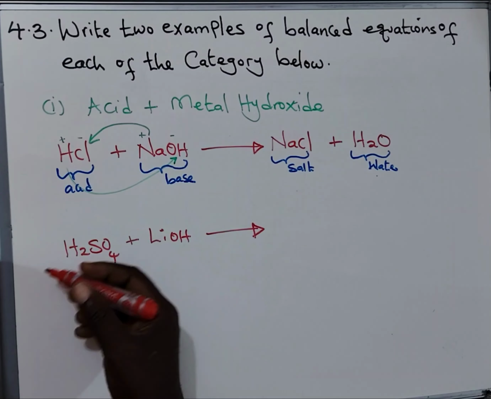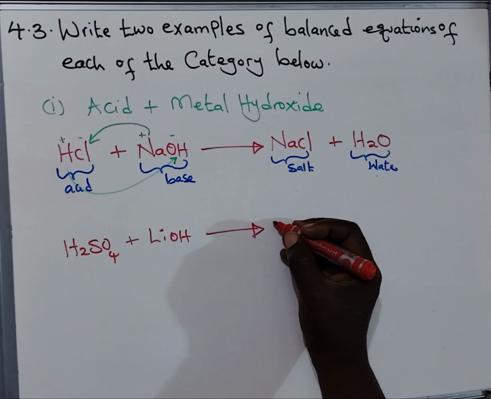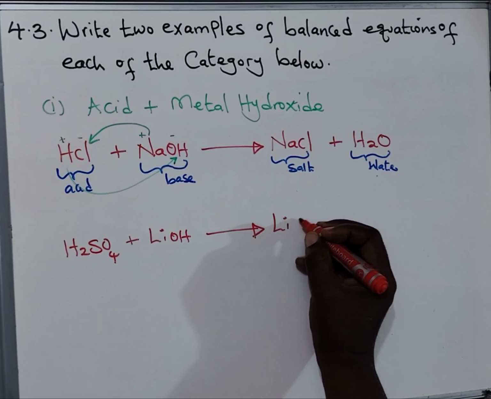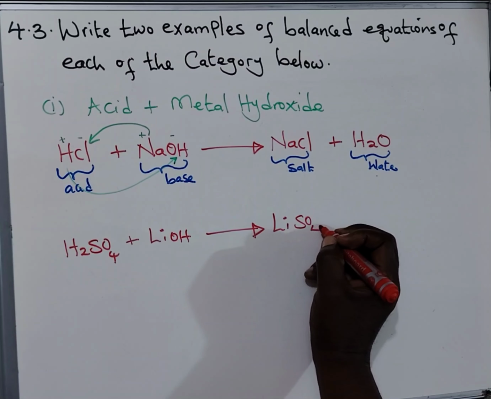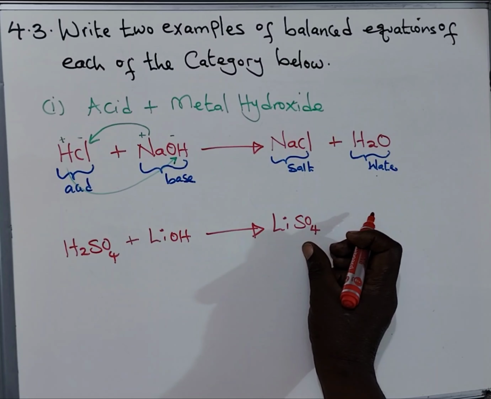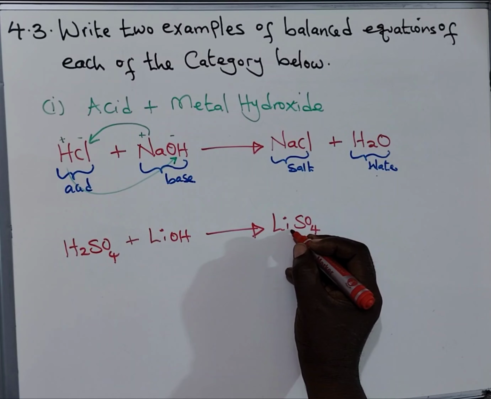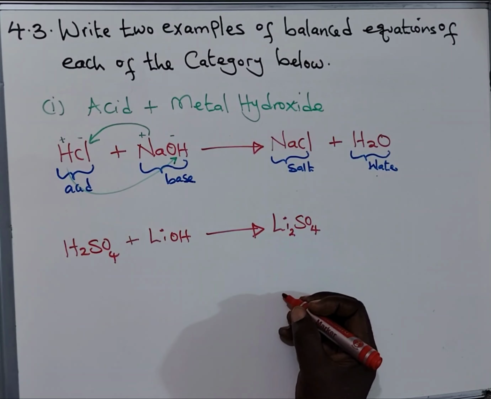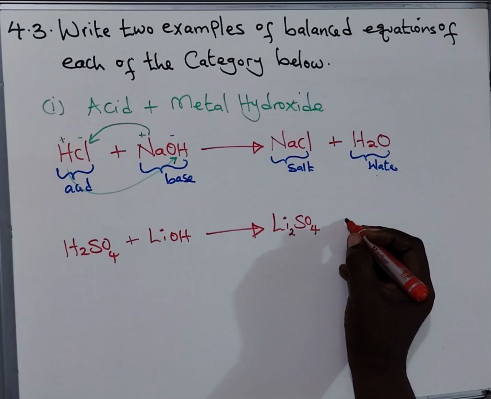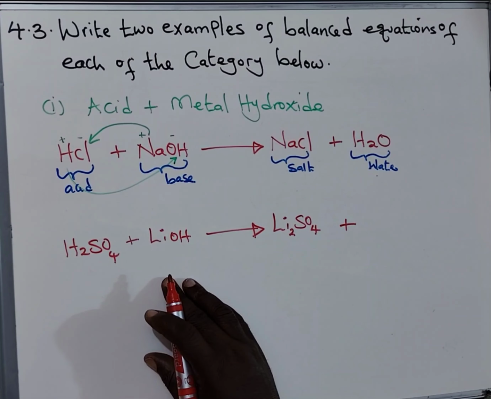So if the positive attacks this one, we are going to have lithium sulfate. You have to remember that sulfate radical has valence 2 and lithium has valence 1. After exchanging the valence, you have a 2 there, plus water.